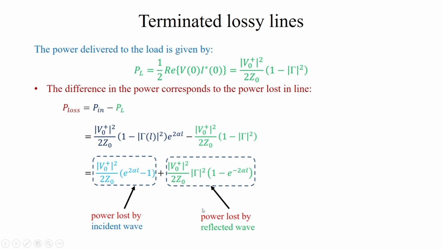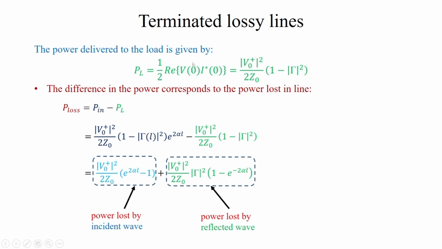In a transmission line, we will have both the incident and the reflected waves present, and because of the attenuation in the line, they will lose power, and these two expressions account for the power lost by the incident and reflected components of the wave.